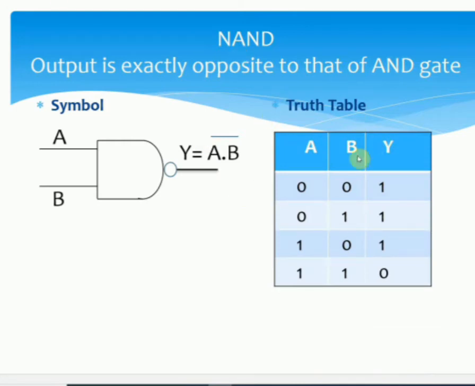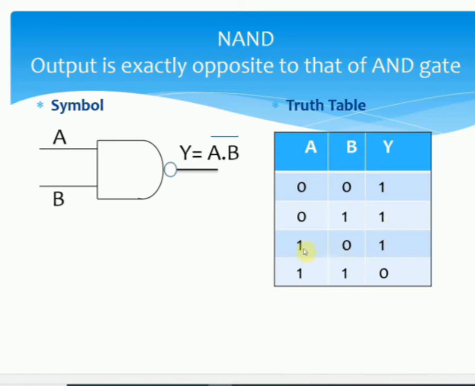Let us discuss the first case when A is 0 and B is 0. When A is 0 and B is 0, 0 ANDed with 0 will result in 0, but complement of 0 will give you output 1. In second case, when A is 0 and B is 1, 0 ANDed with 1 will give you 0, but again the complement of 0 will result in output 1.